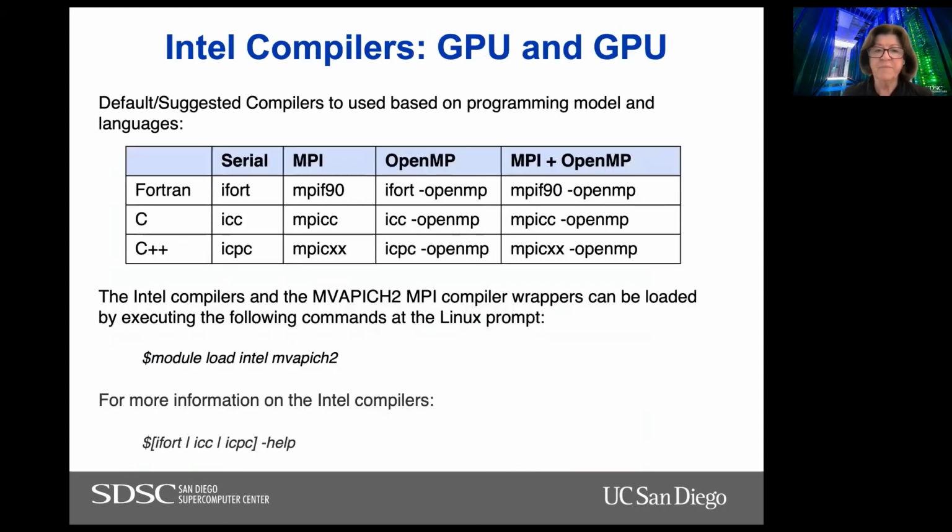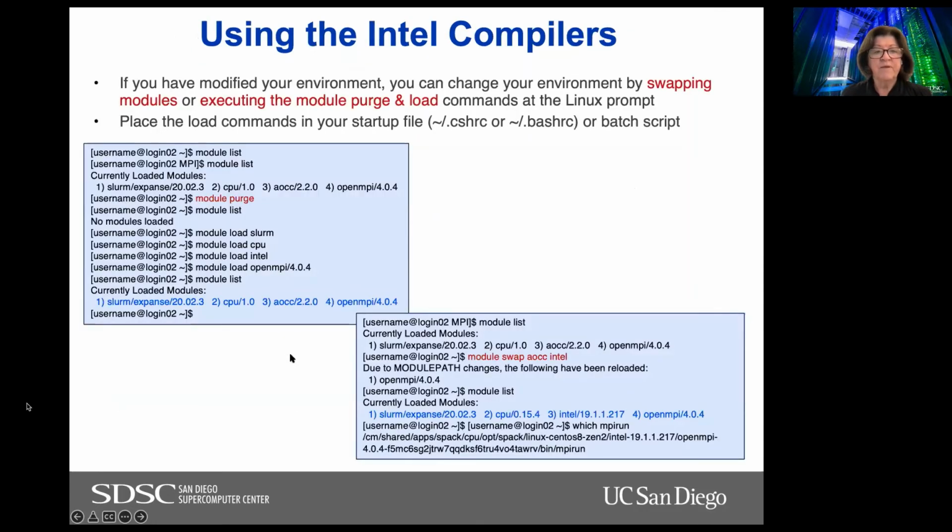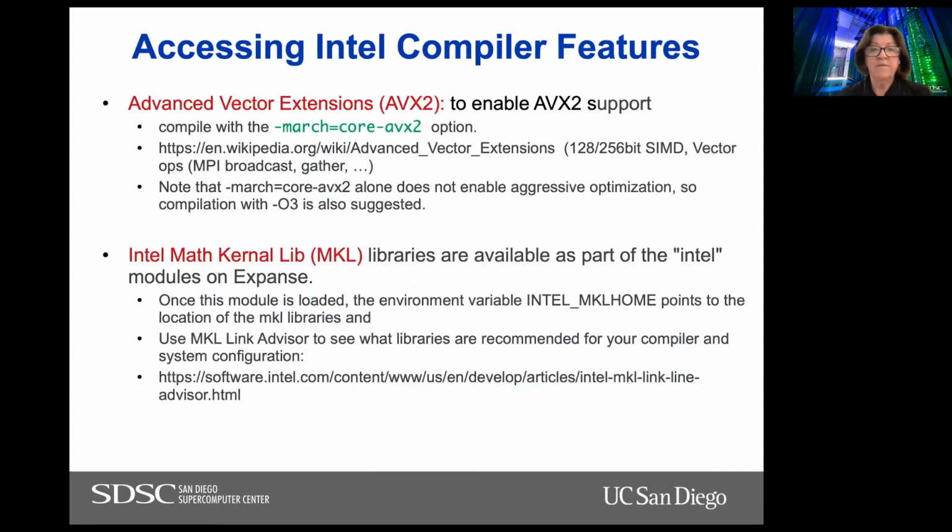Okay, so Intel compilers work the same way, but you'll notice the command for compiling is a little bit different for all cases. It depends on your language and the compiler you're using. This one we're loading MVAPICH. And then here's some examples of loading the Intel compiler. So there are some features on the Intel compiler you want to be sure you access, which is the vector extensions.